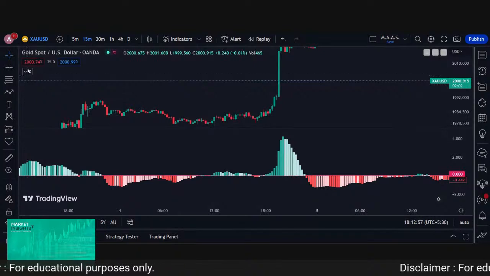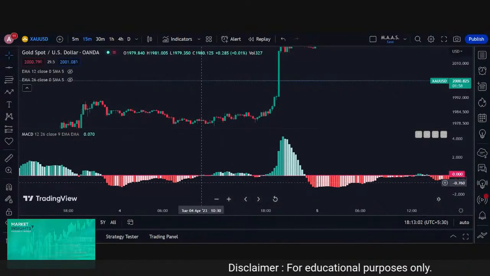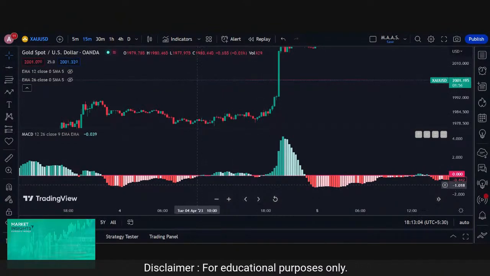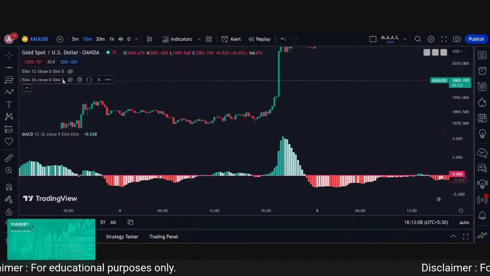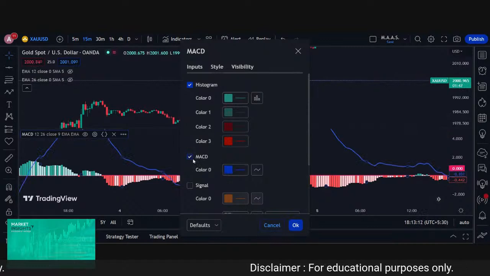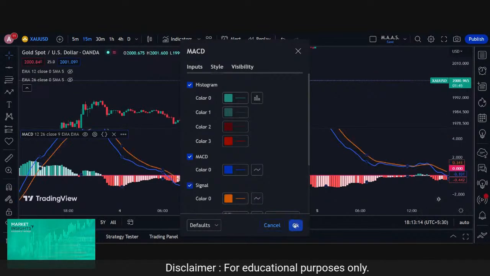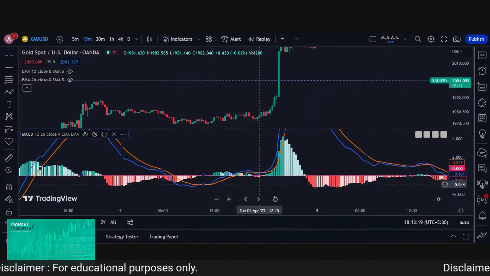What does that mean? For example, look at this span, from 10 to 18, 18 hours. Look at this span. I'll just open it up. I'll put up MACD and signal. They are playing with each other. Look at this, from this point to this point, they are playing with each other.